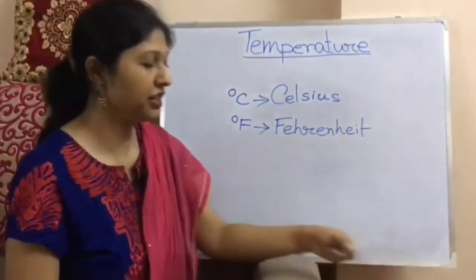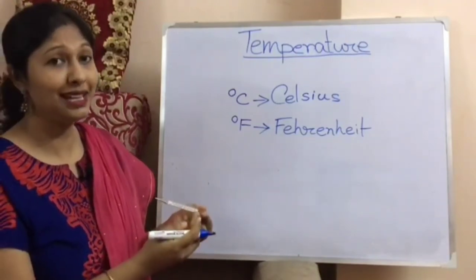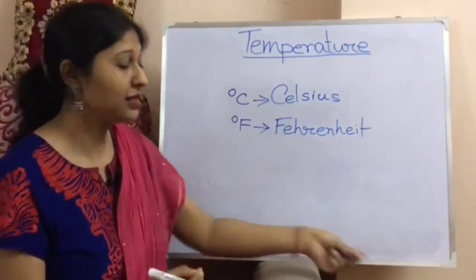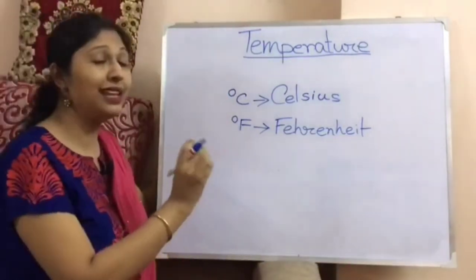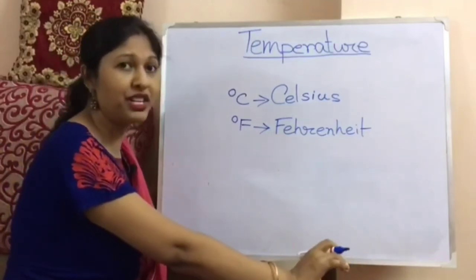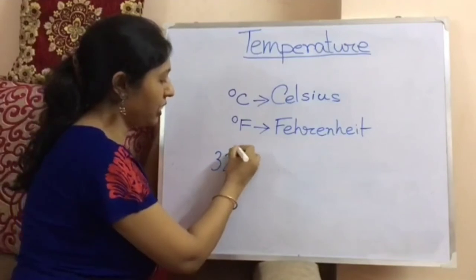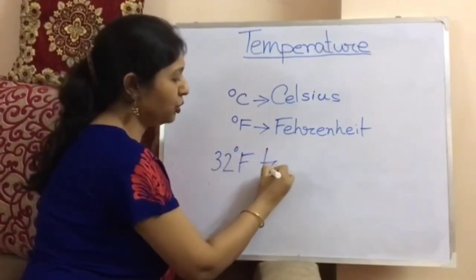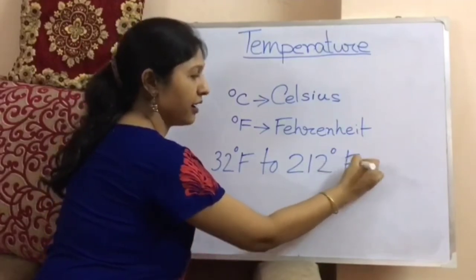In the thermometer, as I discussed previously, one more scale is there, that is Fahrenheit, degree F. The Fahrenheit scale is marked from 32 degree Fahrenheit to 212 degree Fahrenheit.